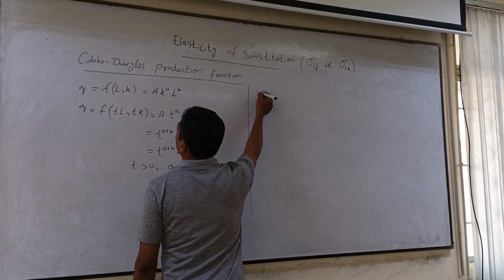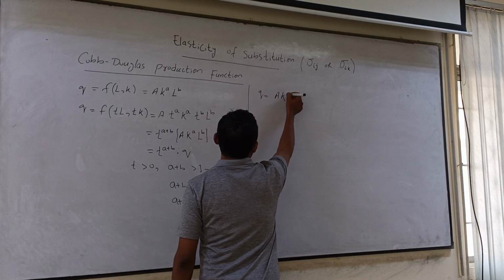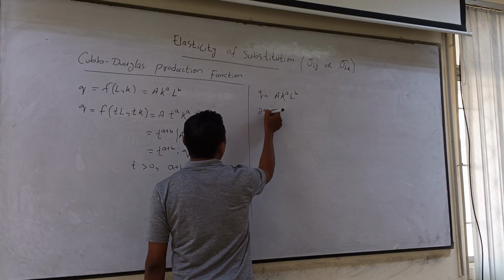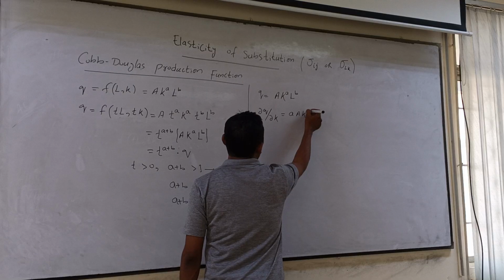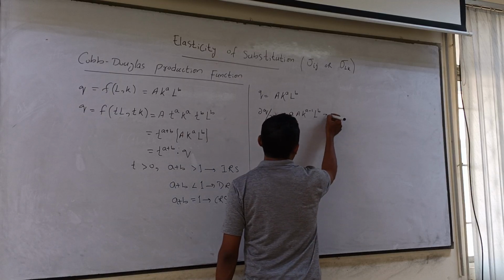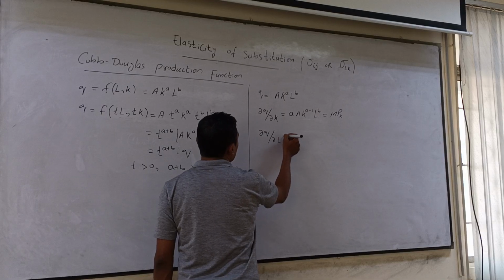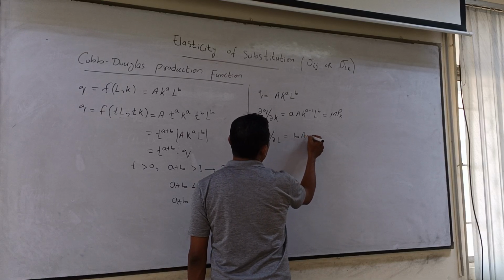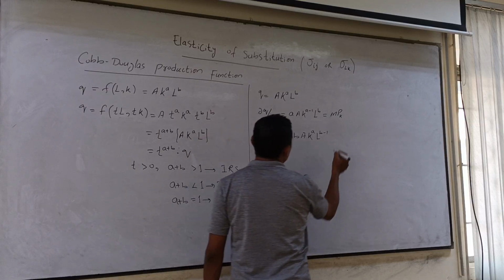For example, Q equal to A K^a L^b. So dQ over dK is a A K^(a-1) L^b, which is MPK. dQ over dL is b A K^a L^(b-1), which is MPL.